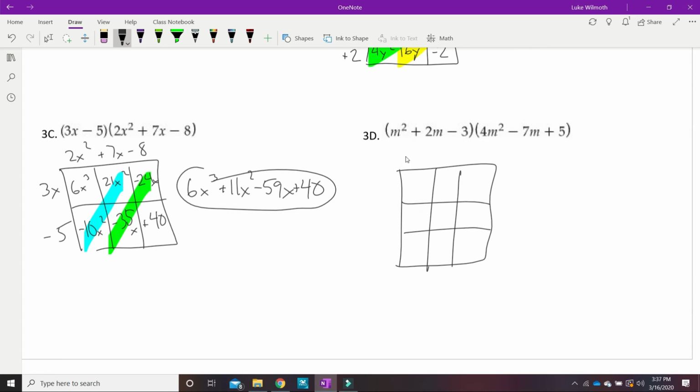Okay, and then finally, got a 3 by 3. Again, time consuming, but not any harder than the ones we've done so far. So 4 times 1 is 4m to the 4th, 8m cubed, and negative 12m squared.